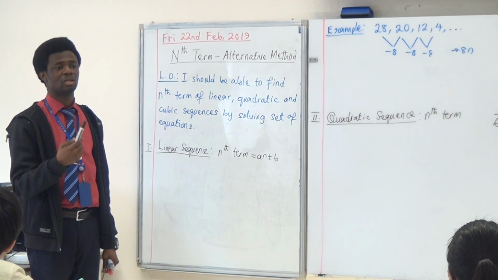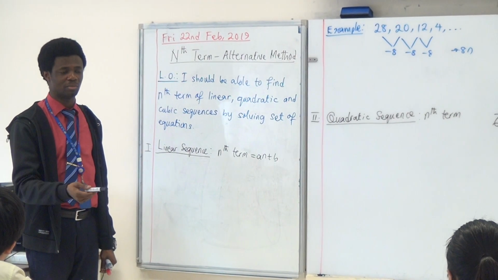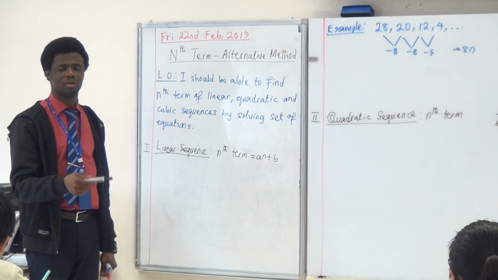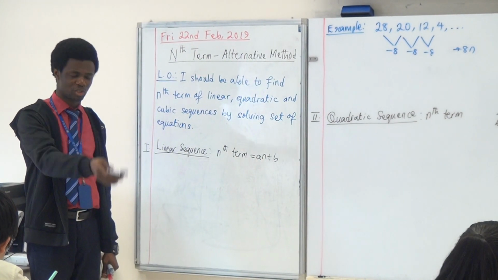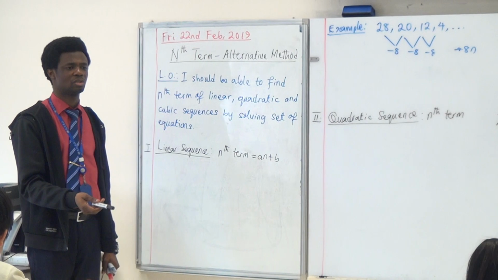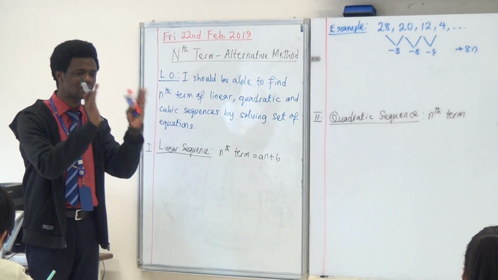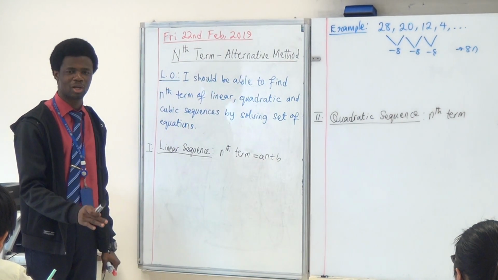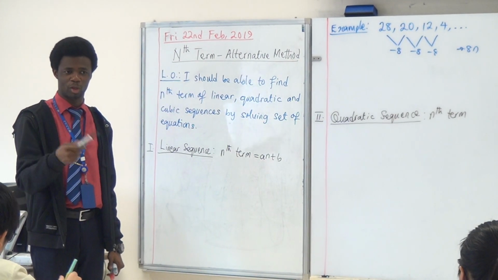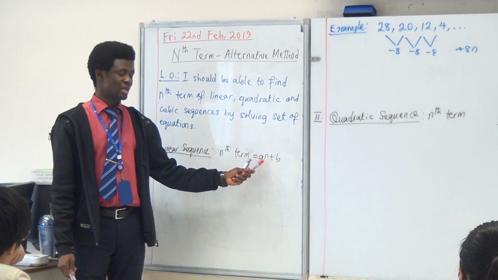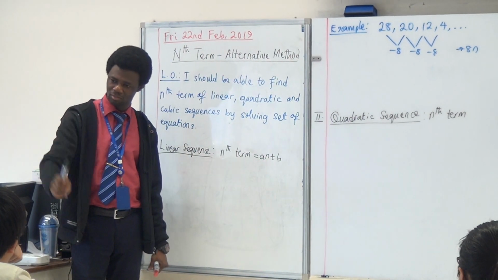The nth term. No, come on. Oh, the position. So what are these positions? The sequence. 1, 2, 3, 4, 5. Thank you. Is everybody following? Yeah. This is the n term. Do you know what n term means?